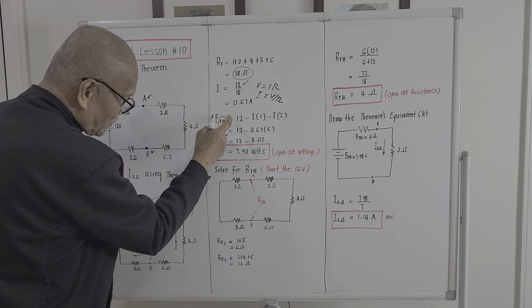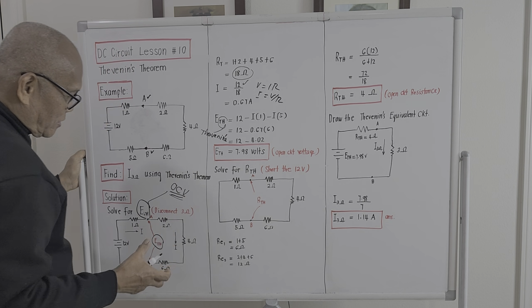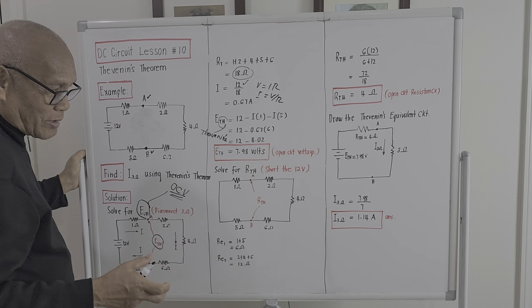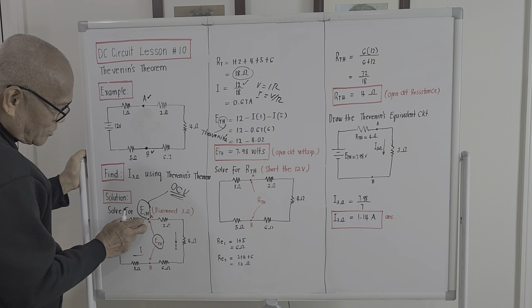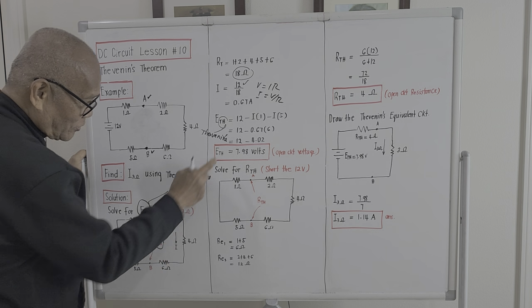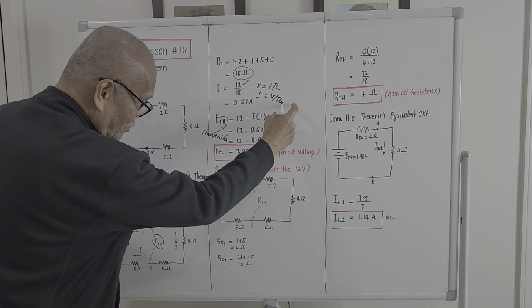E with subscript TH is actually the Thevenin's open circuit voltage. We know Kirchhoff's voltage law already. The voltage across this will be this 12 volts here, minus the drop here, minus the drop here.